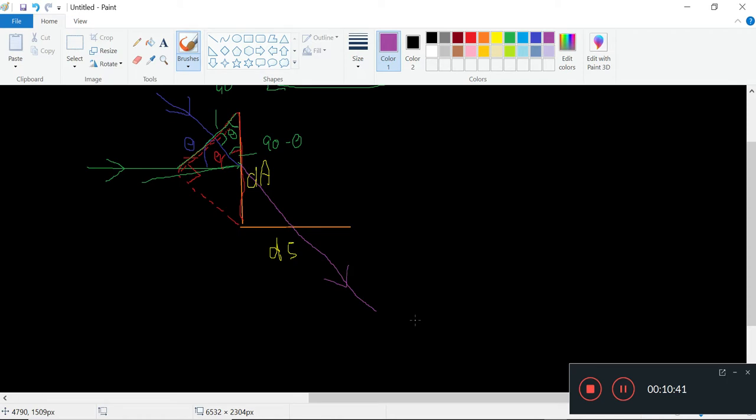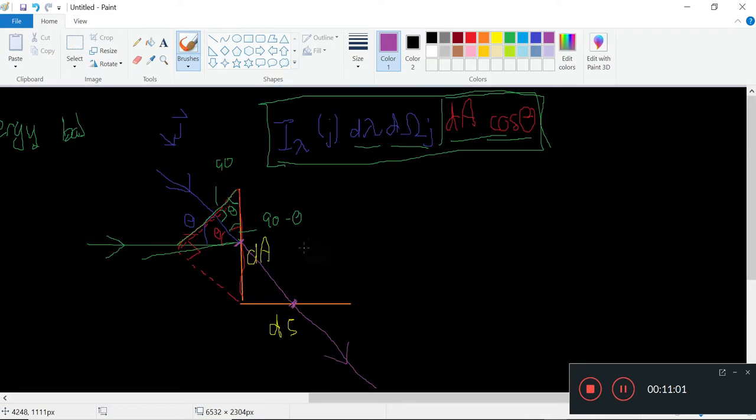Same things can happen from here to here, and since we are more concerned about scattering in this case, we are interested in how much energy of this ray is being scattered from this direction J into the primary direction we are concerned about.